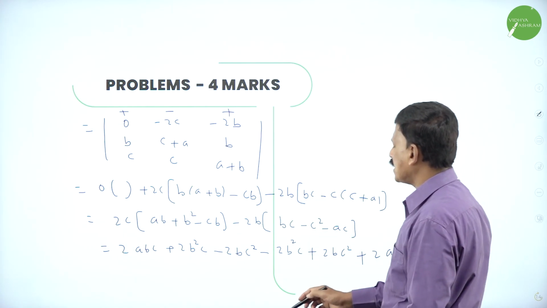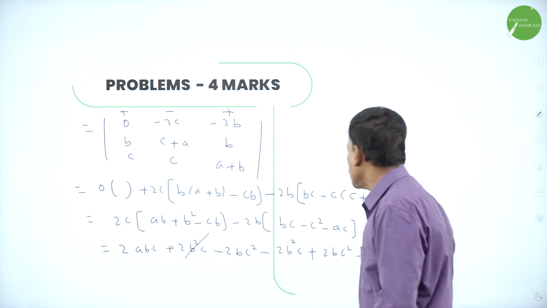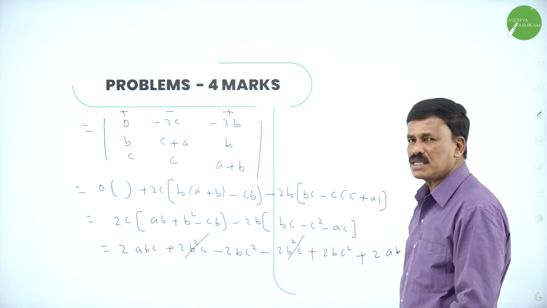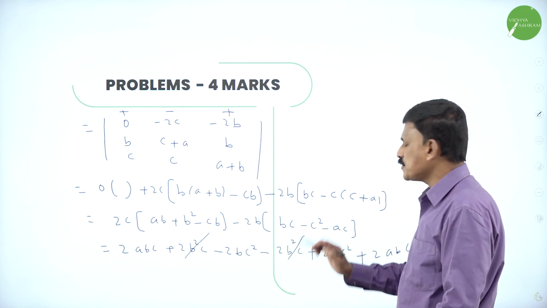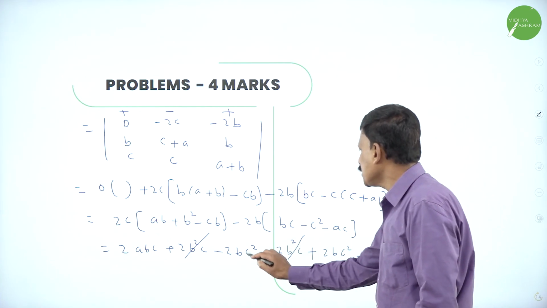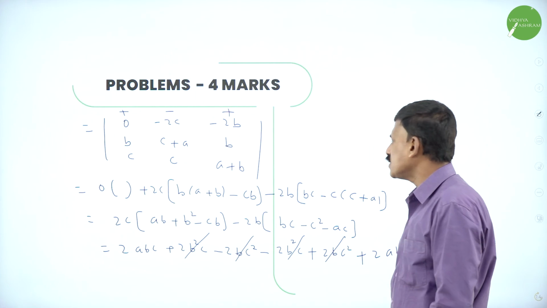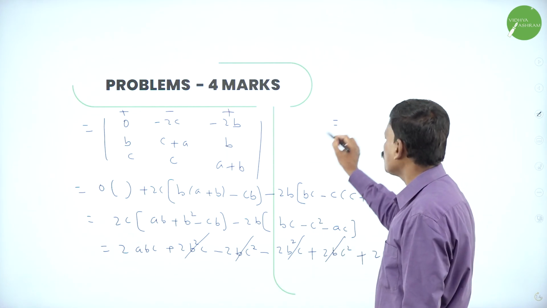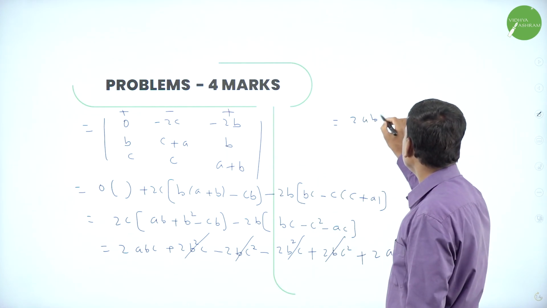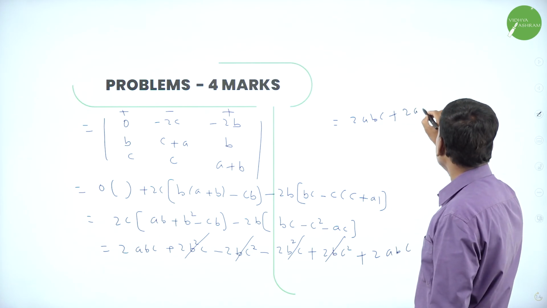Cancel the terms which get cancelled: plus 2BC square minus 2B square C, plus 2B square C minus 2B square C gets cancelled, minus 2BC square plus 2BC square gets cancelled. What is remaining? 2ABC plus 2ABC.